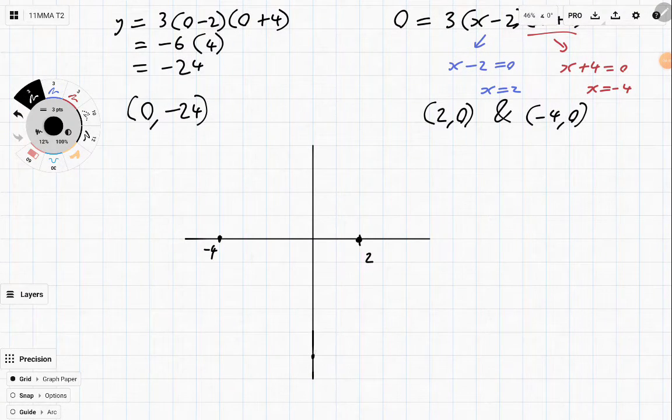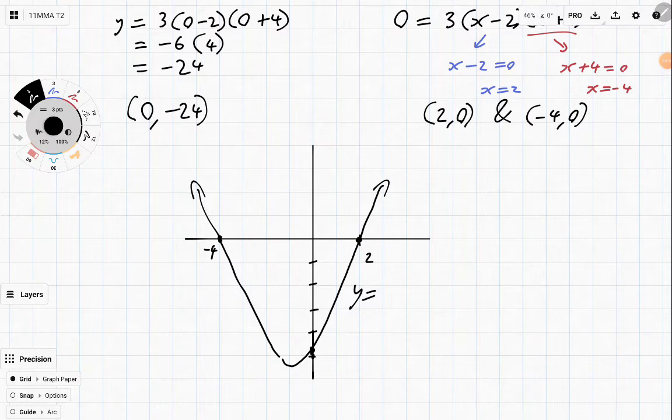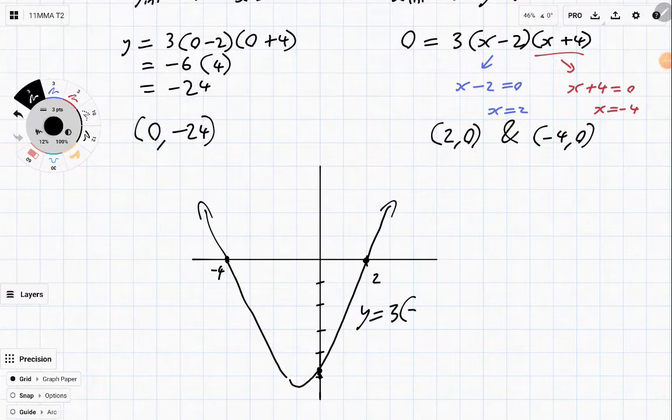Going to have maybe 5, 10, 15, 20, 25. So 24 is about here. And we can quickly see we're going to end up with some picture like this. Okay? And there's our equation, y is equal to 3 times x minus 2 times x plus 4. Alrighty, so there we go. Our sketch is done. Don't need to do any more work than that. Finish up my axes, my labeling.